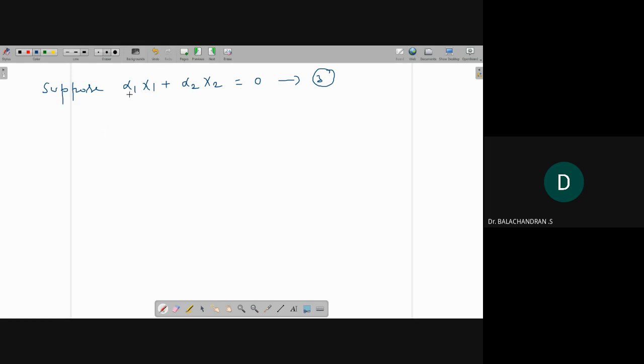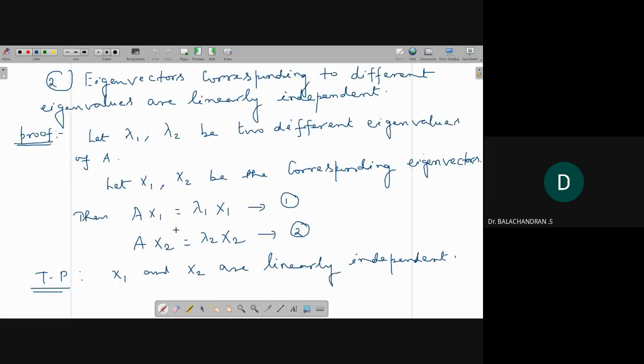Now I'm going to pre-multiply by the matrix A. Then we'll get A into alpha 1 x1 plus alpha 2 x2, right hand side also A into 0, which is 0. Now you can write this is alpha 1 into Ax1 plus alpha 2 into Ax2 equal to 0. But we know that Ax1 is lambda 1 x1, and Ax2 is lambda 2 x2, by equation 1 and 2.